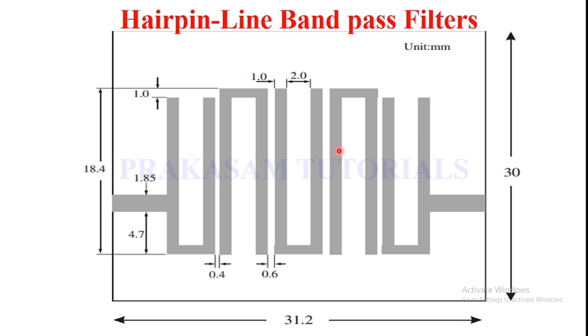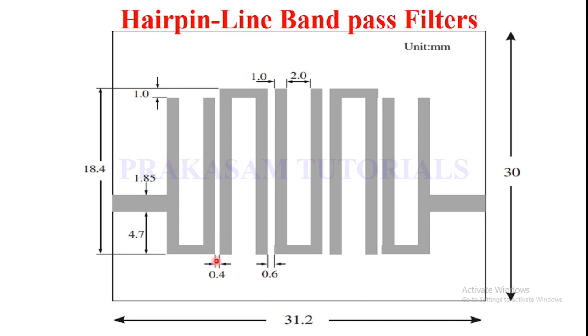This end and this end are the 50 ohm transmission line. The width of the 50 ohm transmission line I am considering is 1.85, and the length of the 50 ohm transmission line is 4.6. Adding all these values: this length is 4.6, this length is 4.6, the hairpin line width is 1, and this separation is 2 mm.